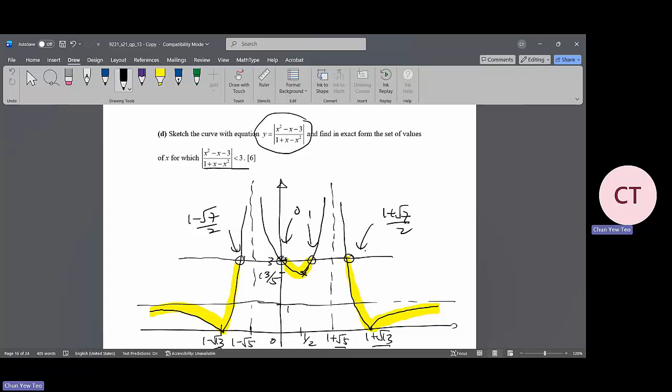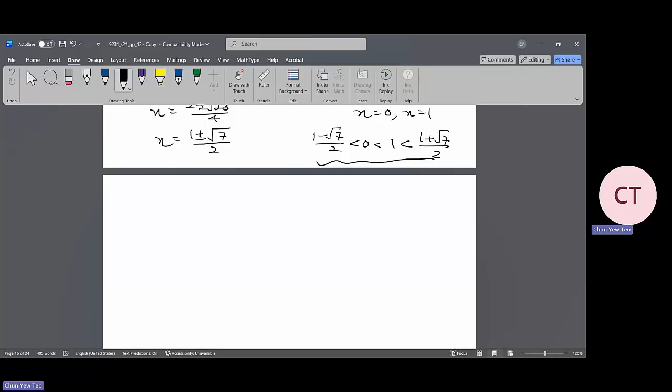So your answer will be here, between this and here. That is your answer. So just say that from the graph, your answer will be x less than 1 minus root 7 over 2, 0 less than x less than 1, and x greater than 1 plus root 7 over 2. Okay, so that will be your answer.